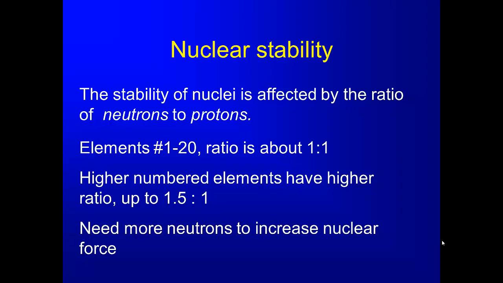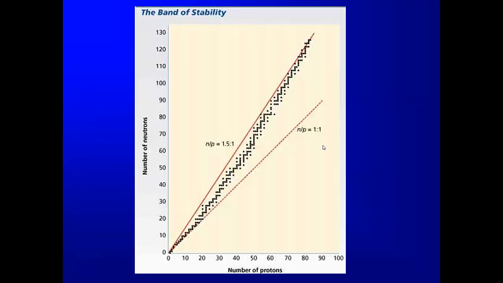And again, it's increasing that nuclear force, and that strong nuclear force is just one of the fundamental forces that holds the nucleus together. So okay, if we look at this graph, you have it in your packet. Let's just look at what it means. This is the high range, so that's 1.5 neutrons to 1 proton. This is the lower range of 1-to-1. If an element falls within this range, we say it's stable and it's not going to undergo nuclear decay.